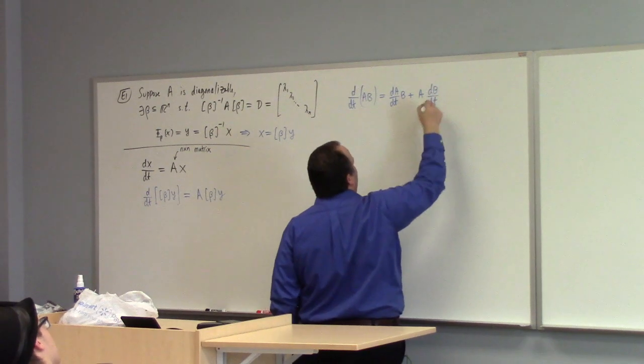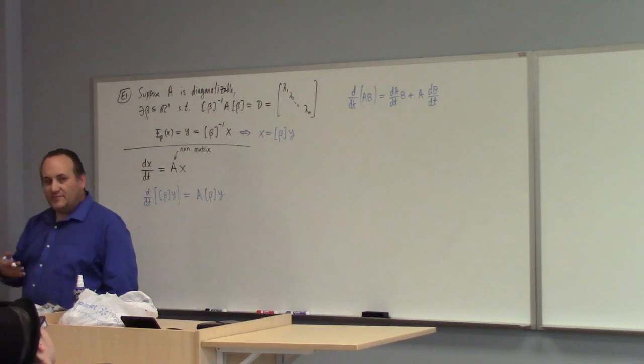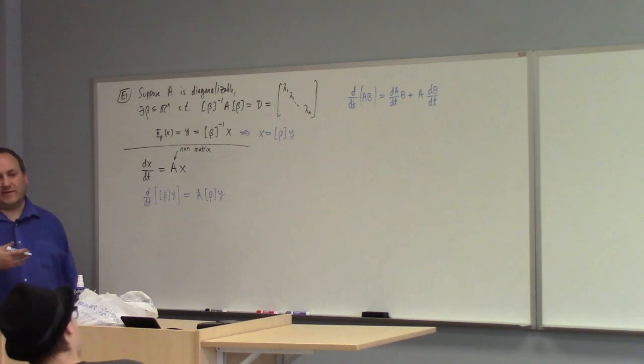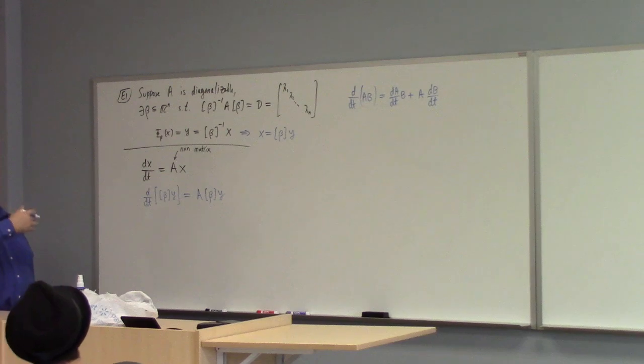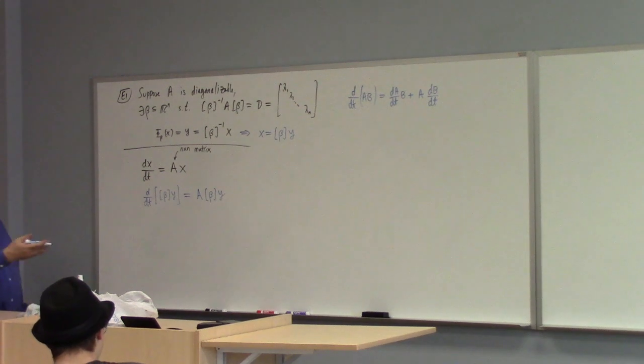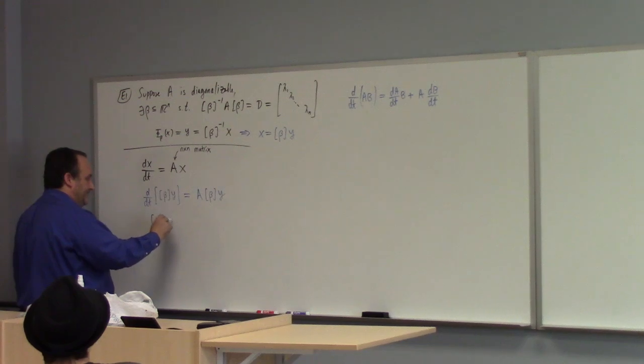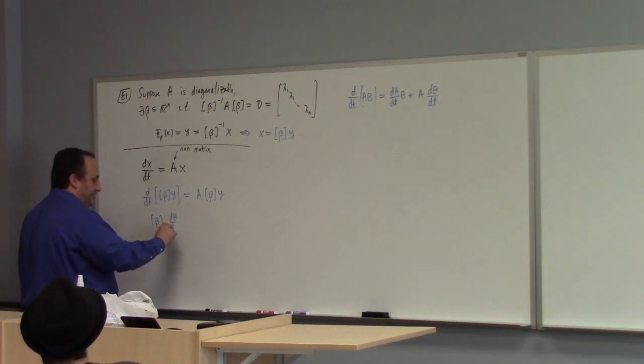Very unsurprising product rule. This is also true for a product of a column vector times a matrix. So if the matrix is constant, then the derivative of the matrix is 0. All of that to say I can pull out the beta here, okay? And then I've got dy dt, right?